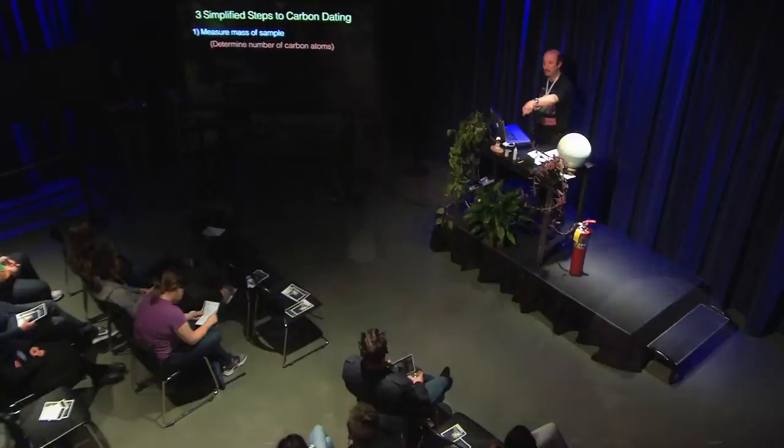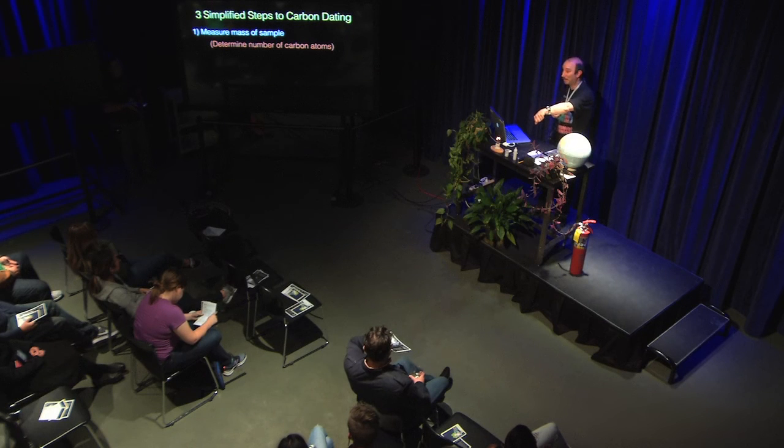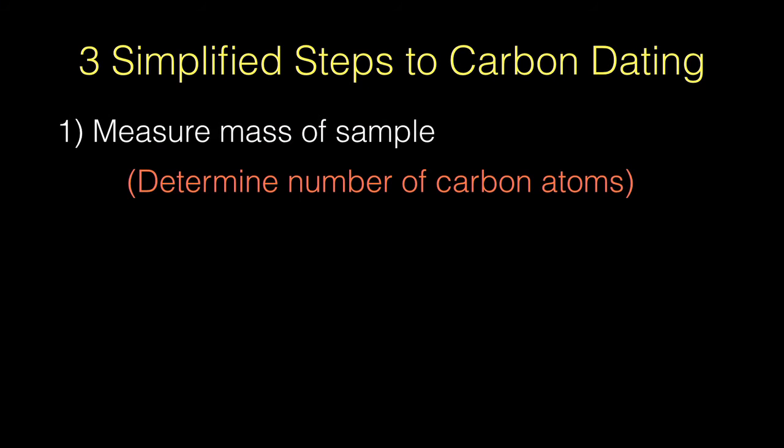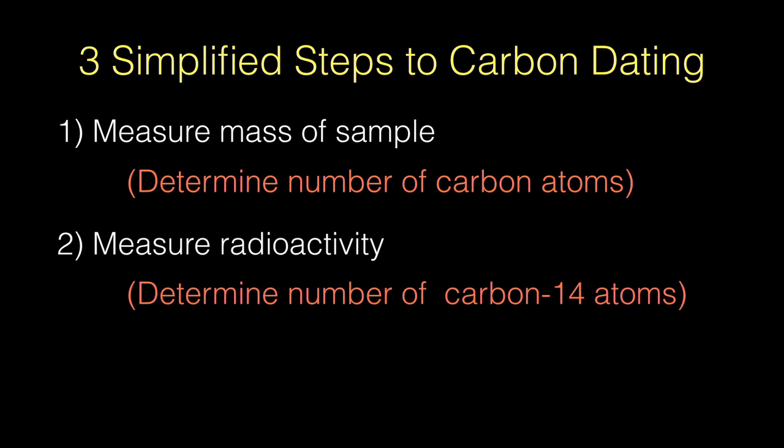Then you measure how much radioactivity is coming from that barbecue, and that lets you determine the number of carbon-14 atoms left. And by knowing the number of carbon-12 and the number of carbon-14, you can determine how old that barbecue was. It's good out to about, not quite 10 half-lives, about 50,000 years. That is what carbon dating is good for.